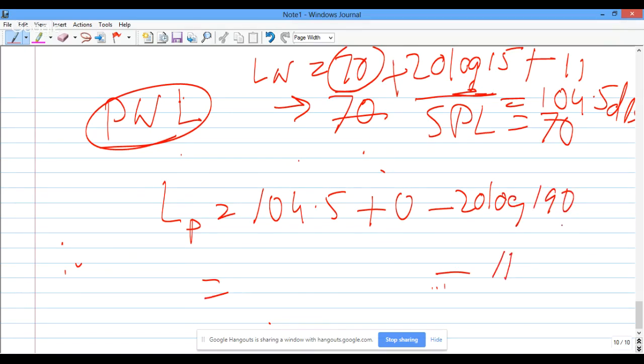So log of 190 should be 2 point something, into 20. This is 2.28 into 20, so make it 44 or something, and minus 11.